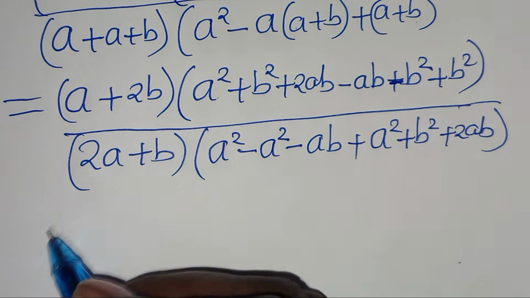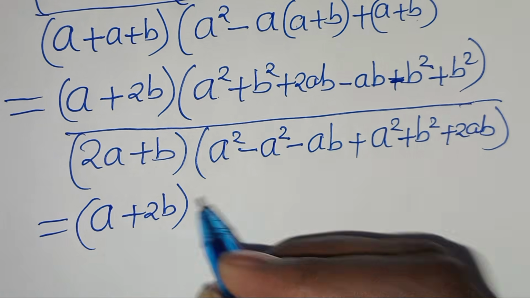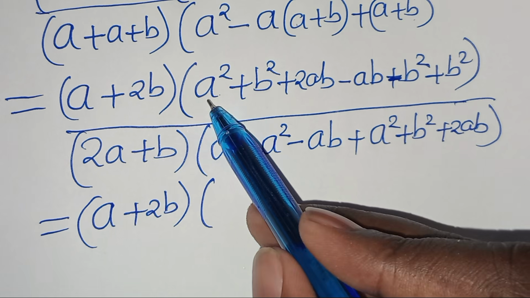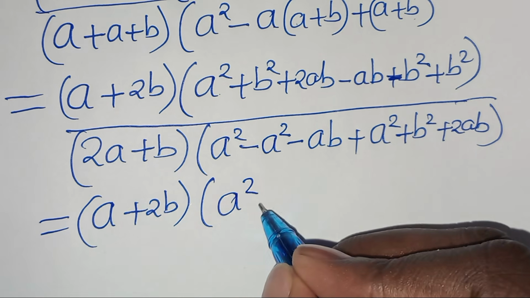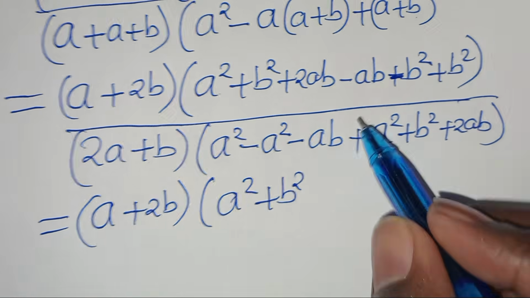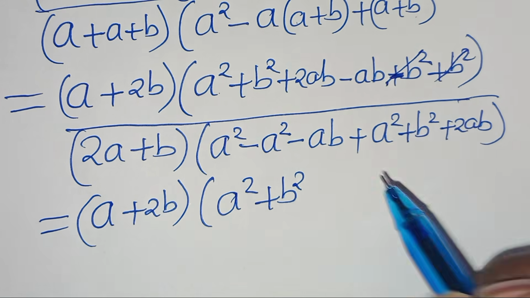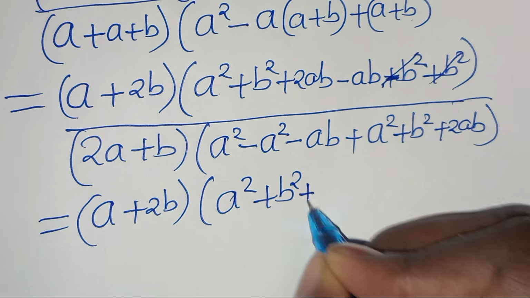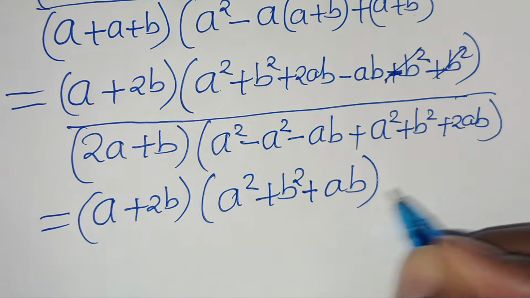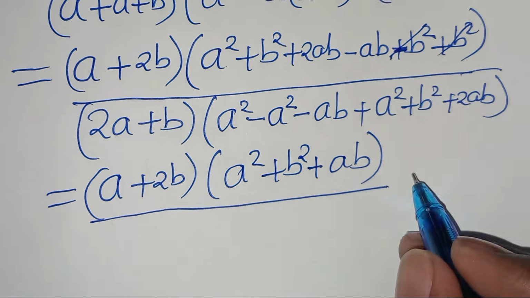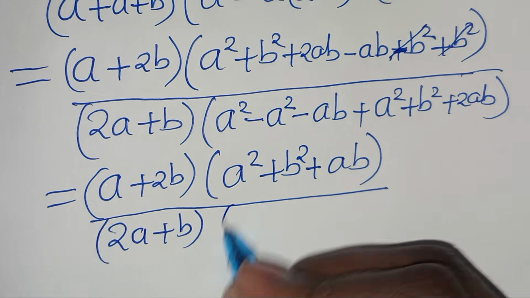Now, the next step is that we have (a plus 2b) into the parentheses. This is a squared plus b squared. Now we have minus b squared plus b squared, this simplifies. Then we have plus 2ab minus ab, this is plus ab. Then divided by 2a plus b into the parentheses.